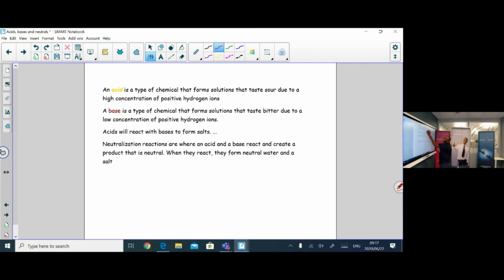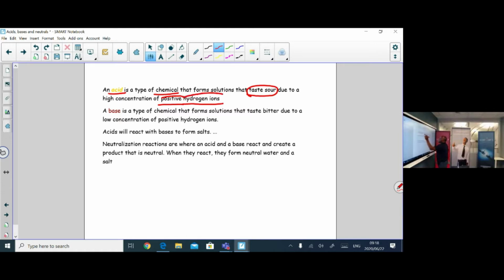It's a good introduction into the science of it. It's a type of chemical to distinguish from a base. It tastes sour due to a high concentration of hydrogen ions. It's very important to note the hydrogen ion, and their charge is positive.